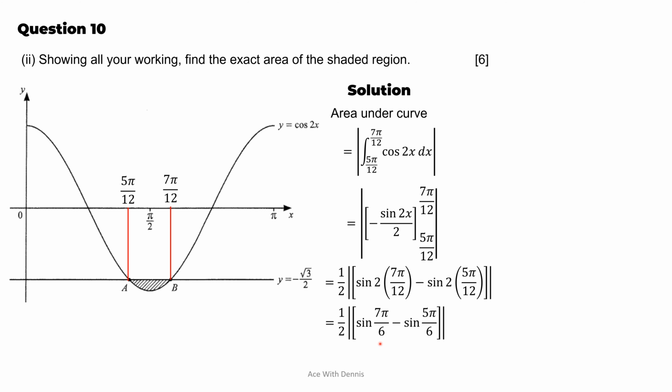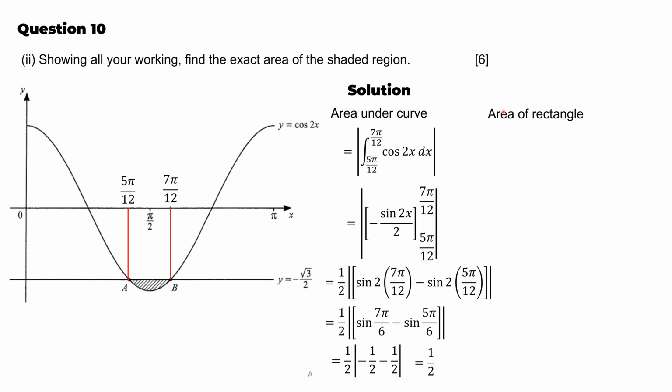So we get half modulus bracket sine 7 pi/6 minus sine 5 pi/6. We get half modulus negative half minus half, and the answer is half. So this is the area under the curve, which is here.